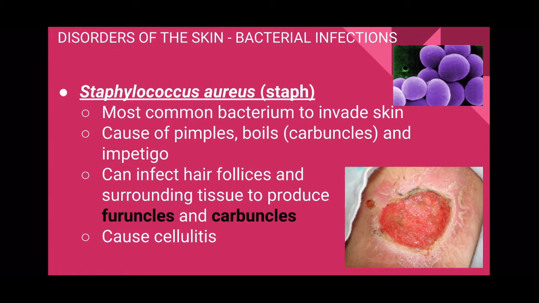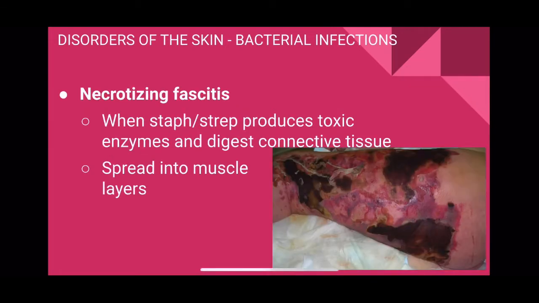Staph can cause things like cellulitis of the epidermis and the dermis, so that's just inflammation of those layers of the skin. Necrotizing fasciitis is caused when some strains of staph and strep produce enzymes that are very toxic and digest the connective tissues and then spread into the muscle layers.